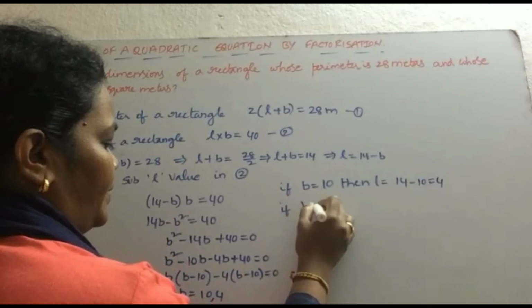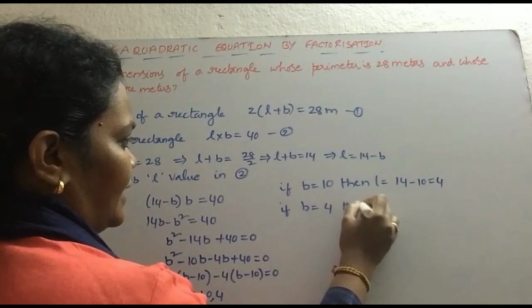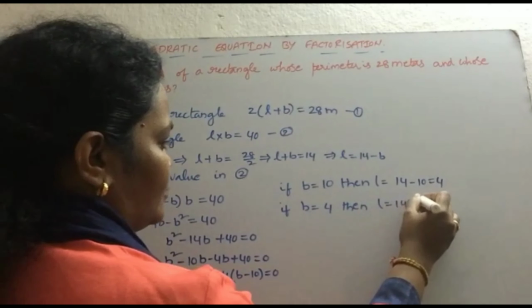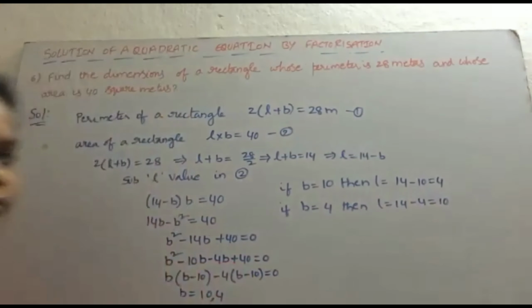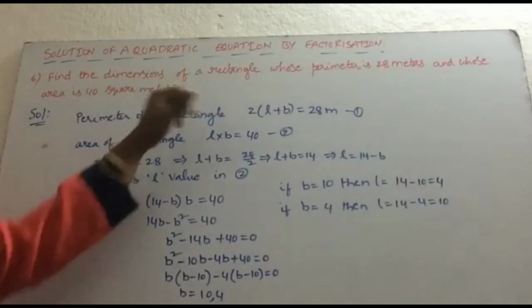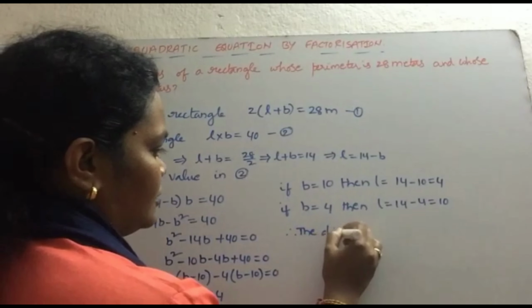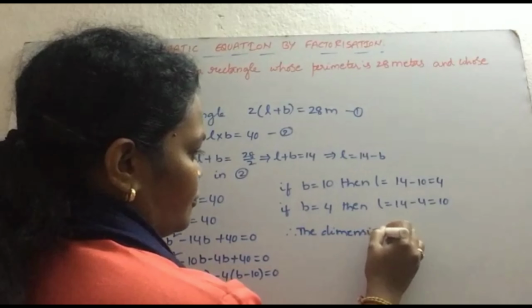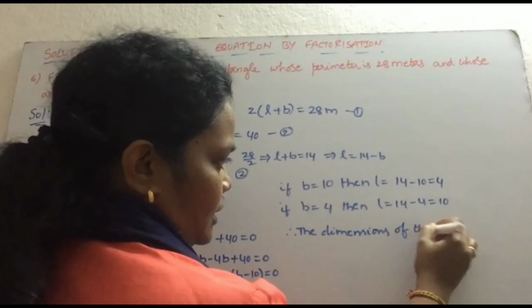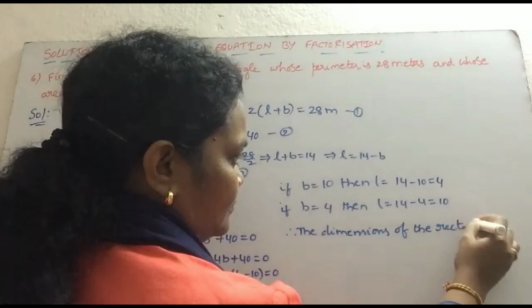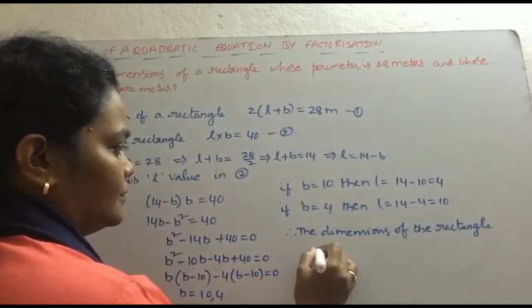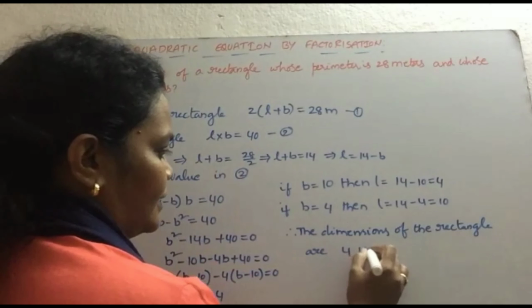If B is equal to 4, then length is equal to 14 minus 4, that is equal to 10. So the dimensions of the rectangle are 4, 10.